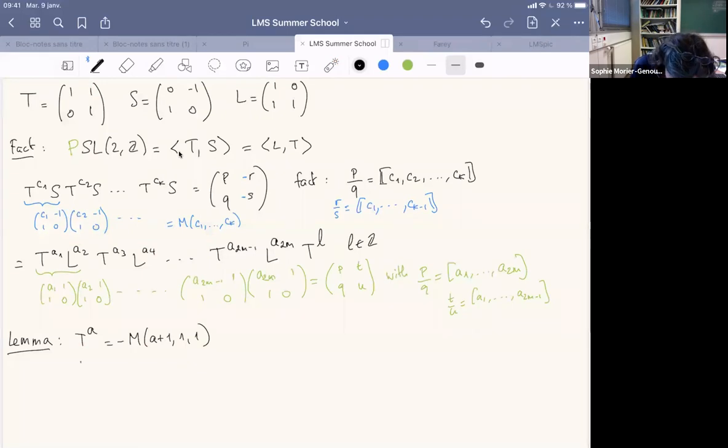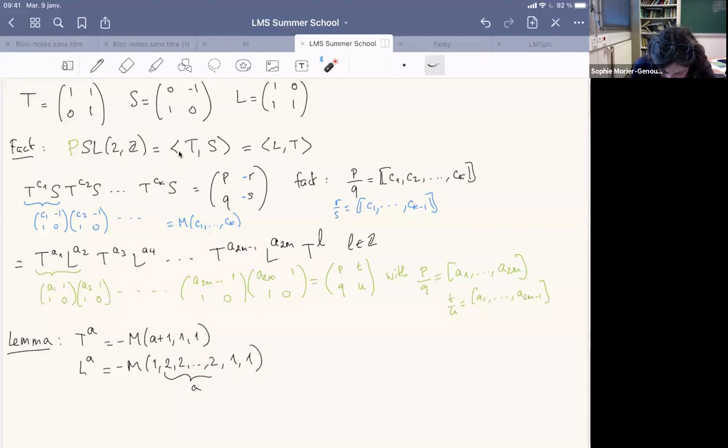So now I need a similar thing for L to the A. If I want to write this as a matrix M of something, it's M of 1, 2, 2, 2, 1, 1, and here I need A twos. This check is also a matrix computation that you can do by induction, because there are these dots.